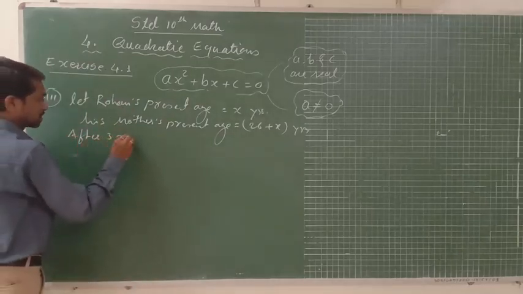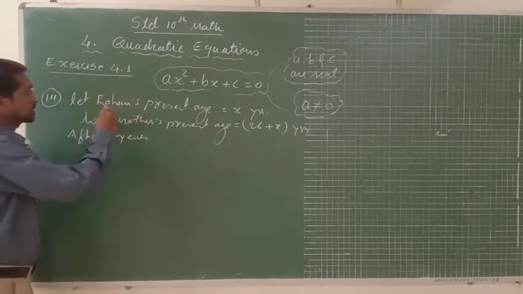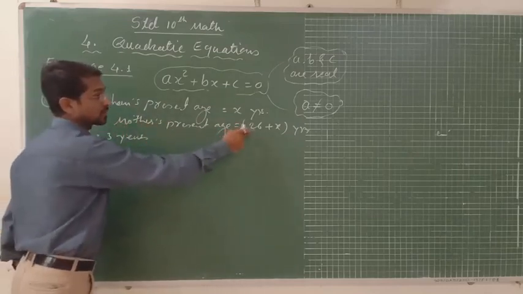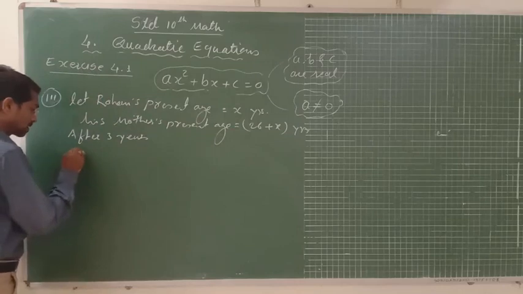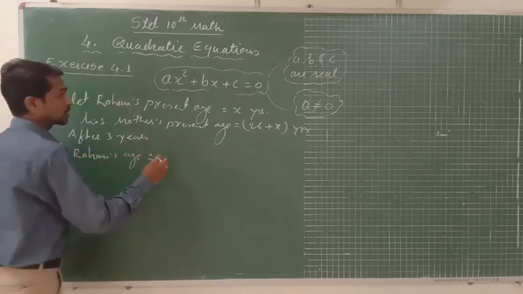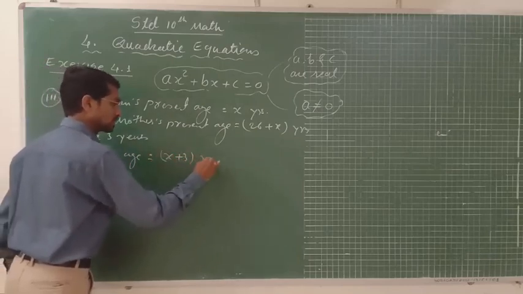After 3 years. This is the present age of Rohan, and his mother's present age is 26 plus x years. So after 3 years, Rohan's age is equal to x plus 3 years.